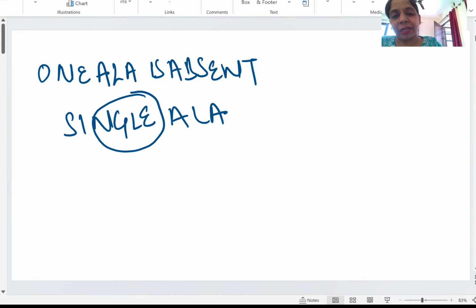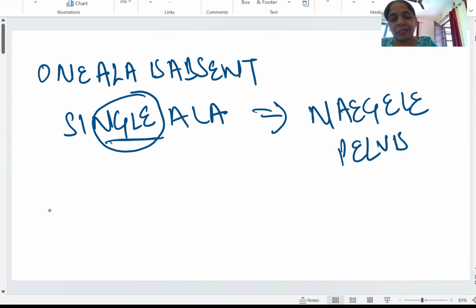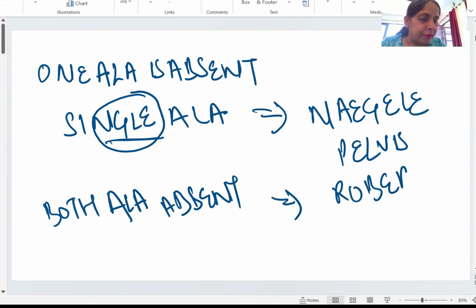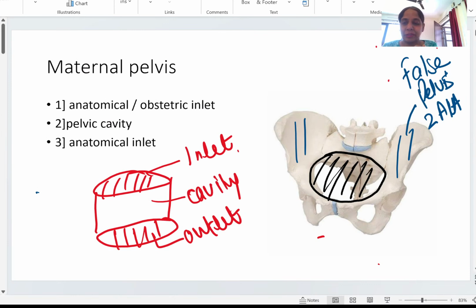It is the Naegele pelvis. And if both the alae are absent, then it is the Robert pelvis.